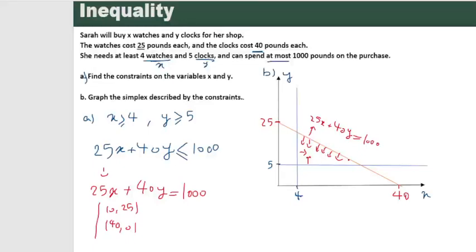So the region I can accept is this region. Every x and every y in this region would be acceptable for us.